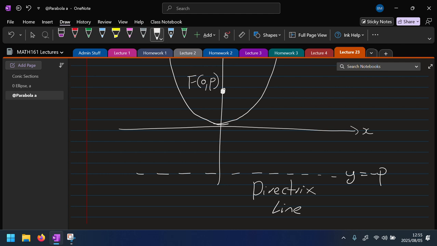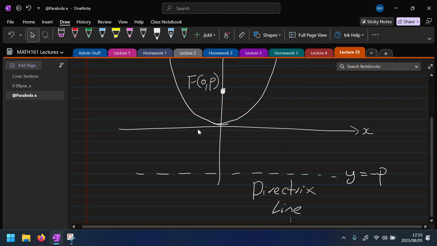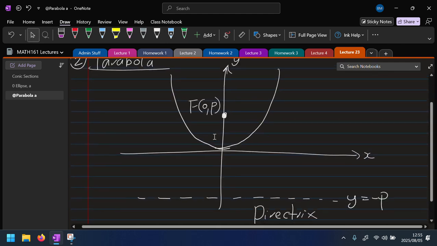So that is the line underneath the parabola. And again, the distance from that origin point to the focal point will be p, because it's at (0, p). And then from that bottom point down to the directrix line, that is also p. It's the same p used for both.